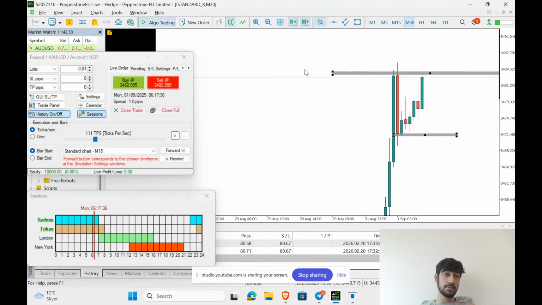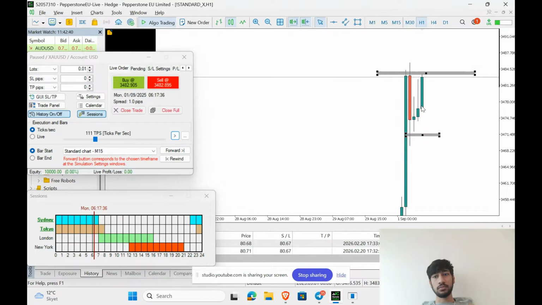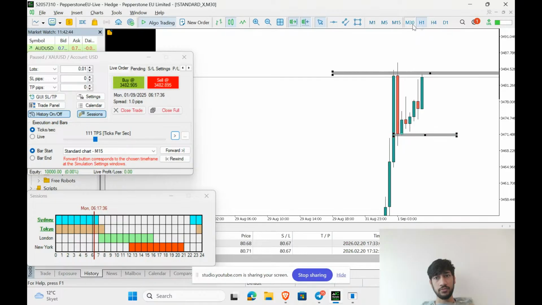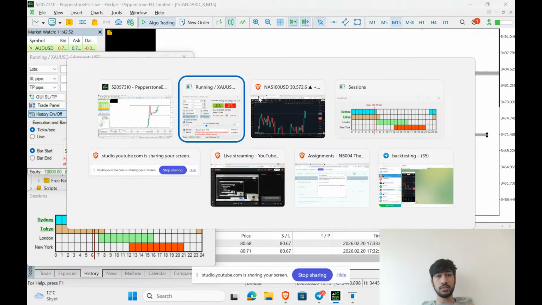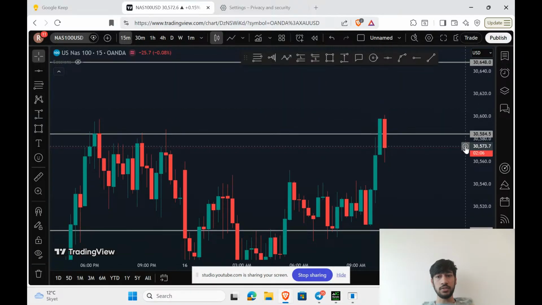Next trade ideas: if this candle forms bullish, then the 30-minute would be closing bullish, and H1 would be filling this range, but we have no bottom wick on this H1. So if this 15-minute closes bullish, then let's see how this 15-minute candle closes, and that would decide what I'm gonna do.